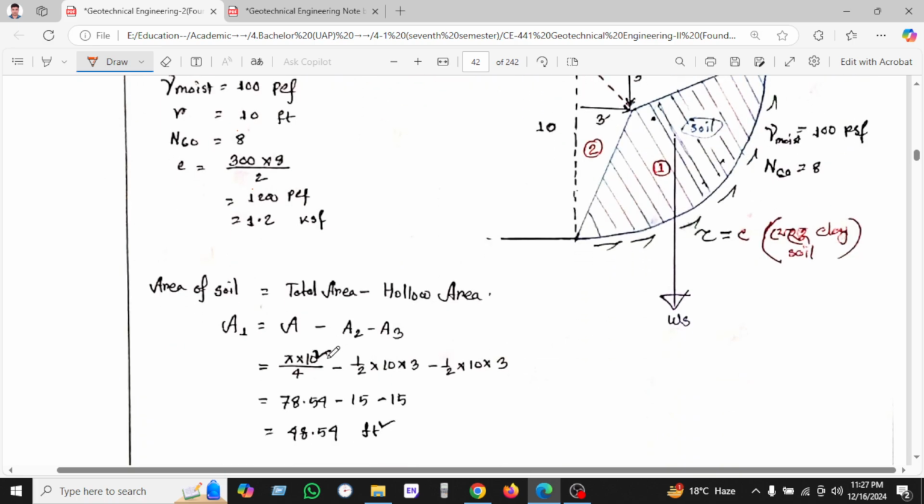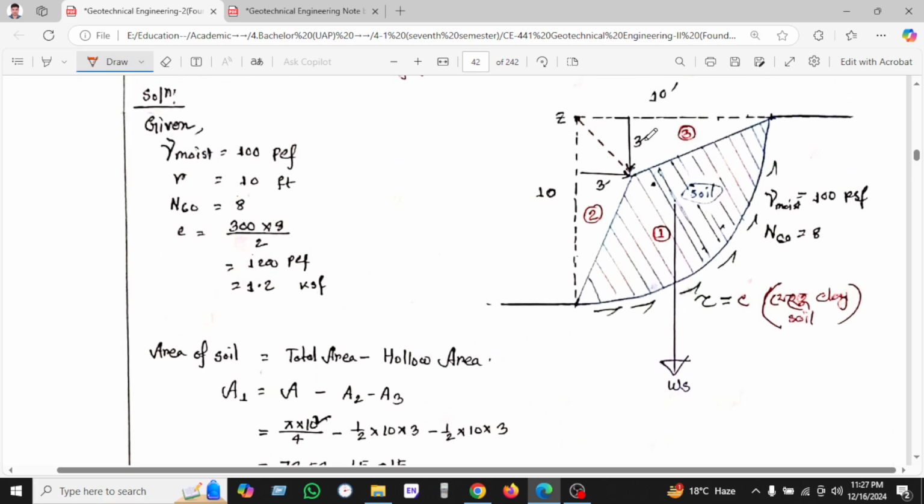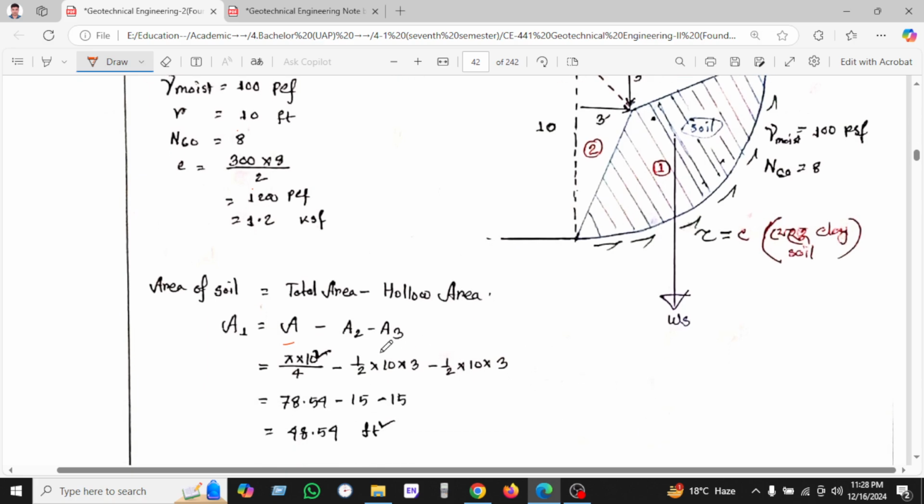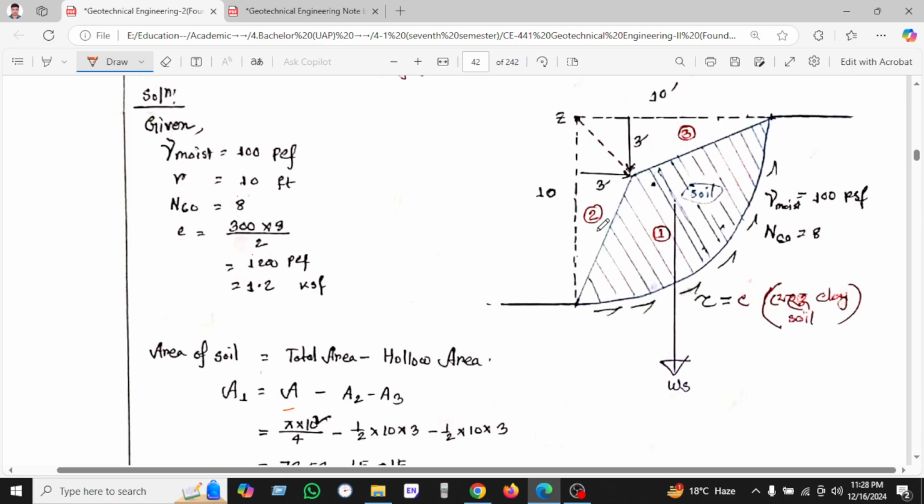Okay, let's start. The area of soil is the total area minus the hollow area. We can see here the total area is pi d squared, with 10 divided by 4, as this is a quarter circle, and this is zone 2, which is pi half.